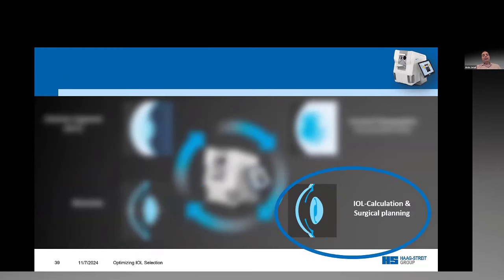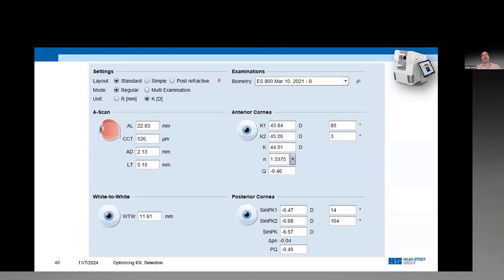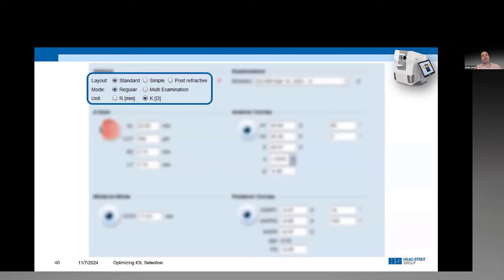In addition to that, an all-in-one comprehensive IOL platform is integrated in the Eyestar 900 to simplify IOL selection for any patient, including toric or post-refractive cases.